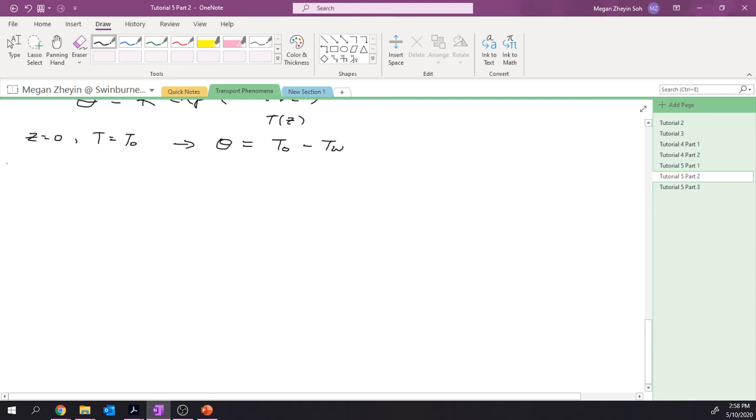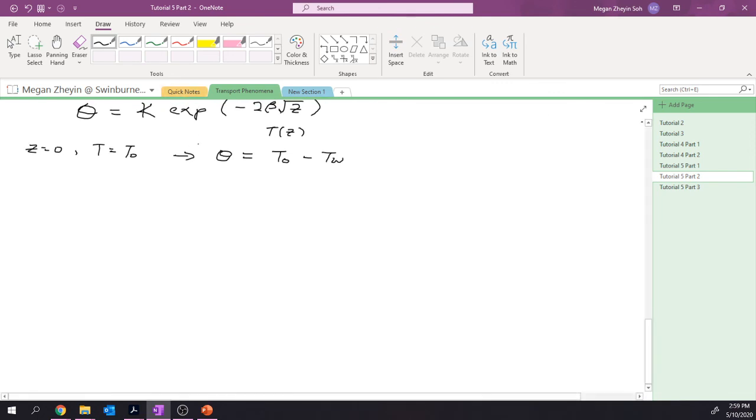We substitute theta back into this equation: To minus Tw equals k exponential of negative 2 beta square root of z.